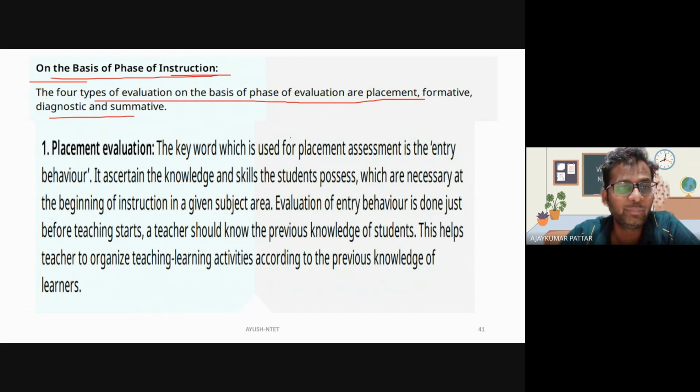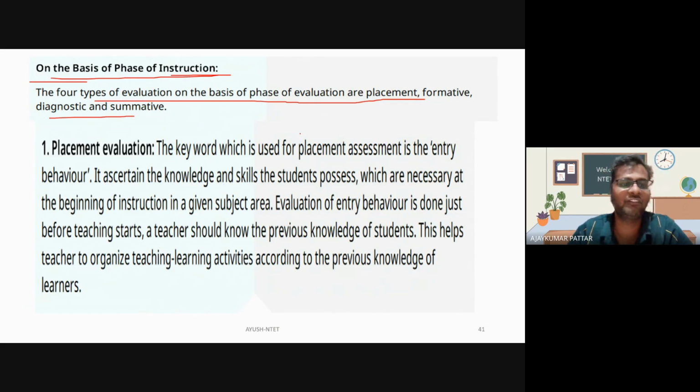Based on that we have the 4 types of evaluation. This is the types or classification of evaluation we are learning now based on phase of instruction. Phase of instruction का मतलब होता है इंस्ट्रक्शन और टीचिंग. कौन सा फेज में आप evaluate कर रहे हैं दैट लर्नर को. Based on that, it has 4 types.